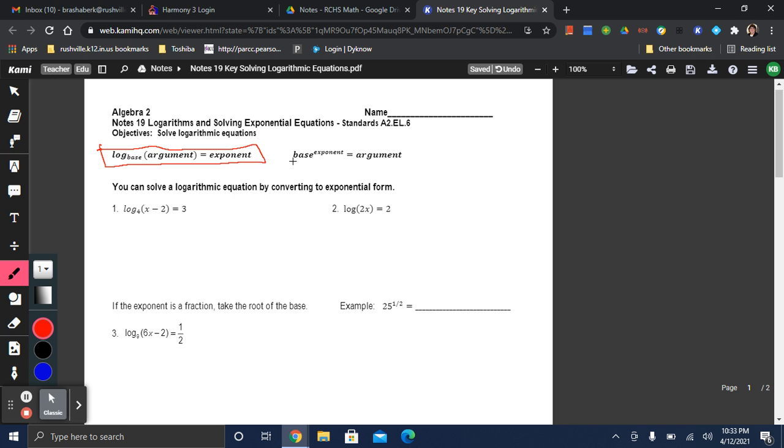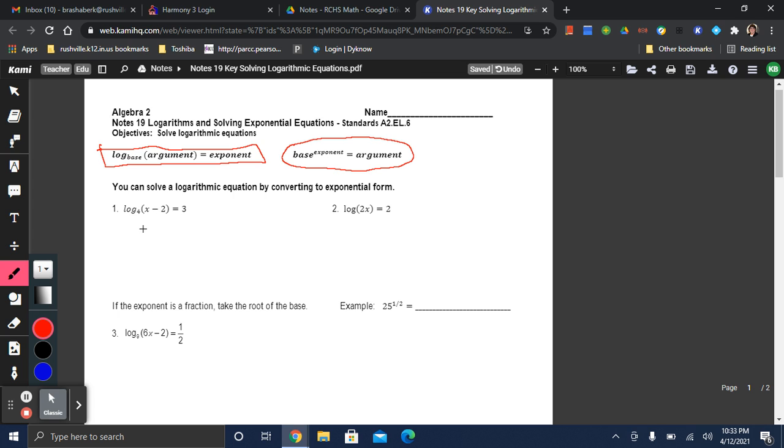And then you're going to convert that to your base to the exponent power equals the argument. So you'll be converting it to this statement and then solving it.